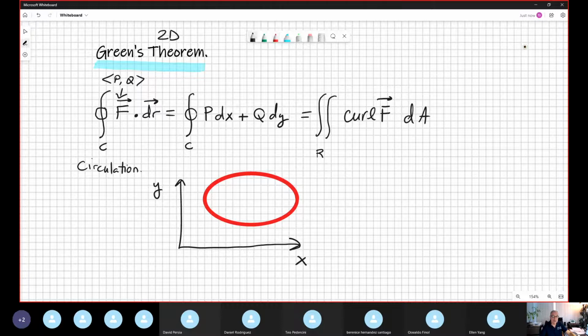and Green's theorem supposes in the formula that the orientation is always counterclockwise. This is counterclockwise, positive orientation.